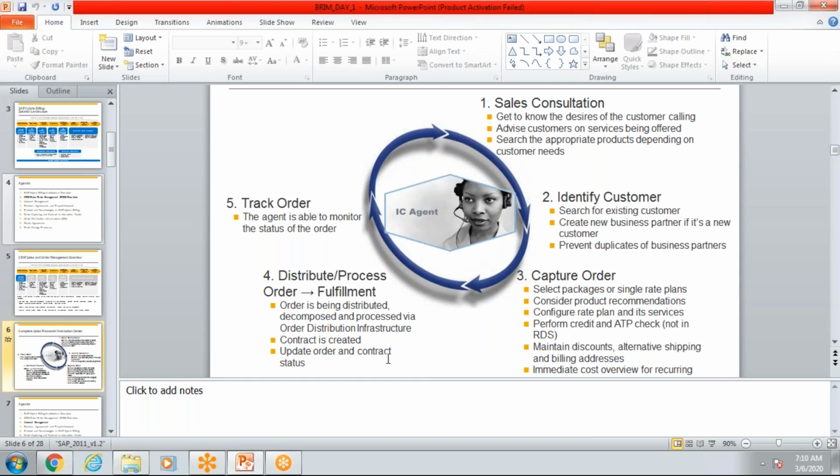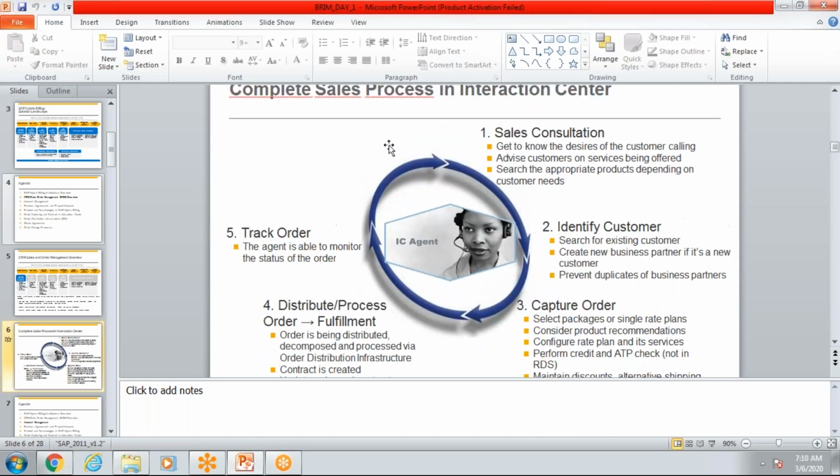When the plan is activated and the contract is created and sent to ECC and CC systems, that is called distribute or process order fulfillment. Then the contract will be monitored, whether the service is active or inactive. So this is the normal sales process.